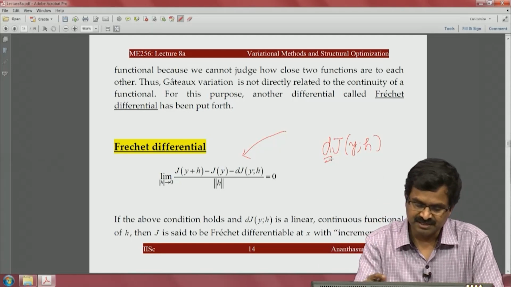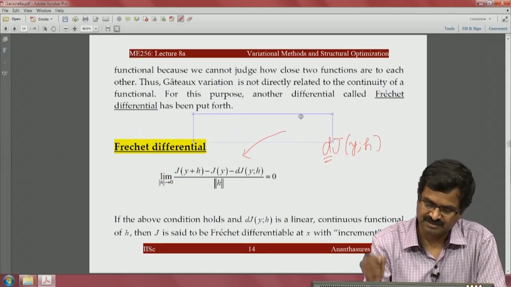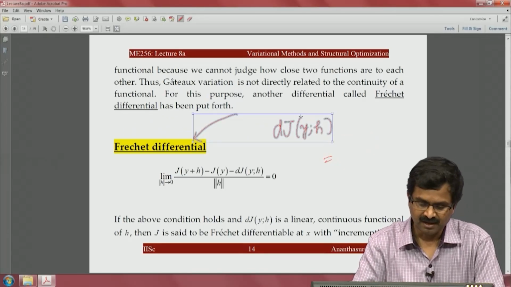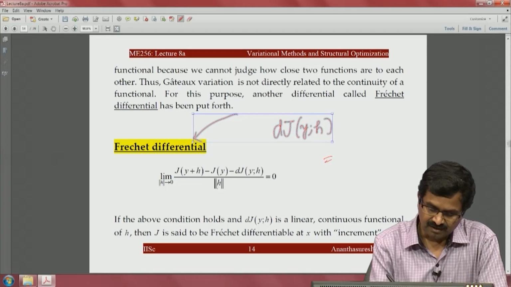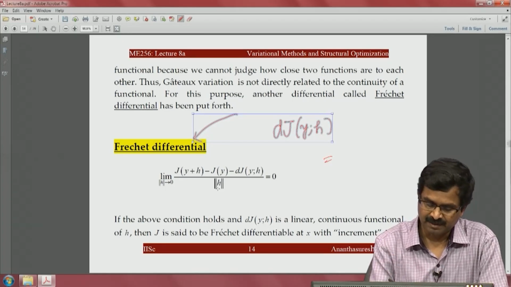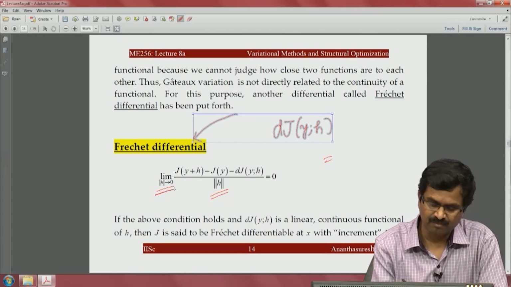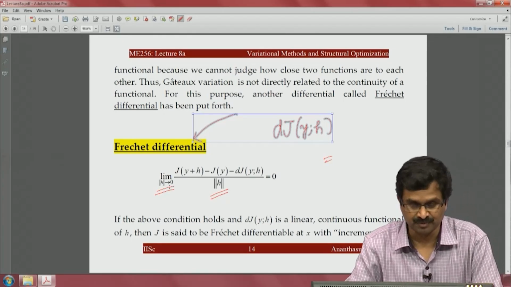So, this dJ is the Frechet differential, that is defined not in terms of epsilon. It still uses h, but we are putting the norm of h in the denominator, making that norm of h tend to 0.